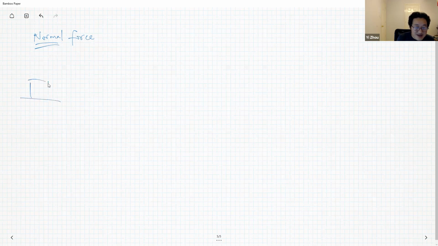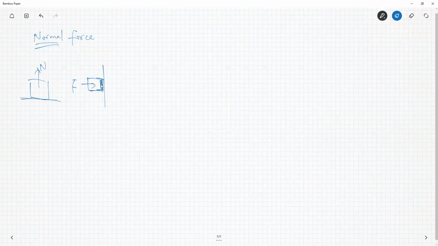So if you have a box and a ground, the ground pushes up, and this is a normal force. How about if you push a box into the wall? Where is the normal force here? The normal force points out from the wall. Okay, this is the normal force.